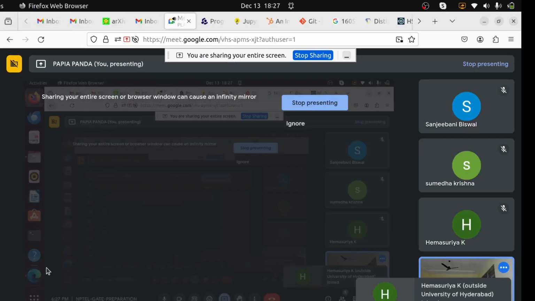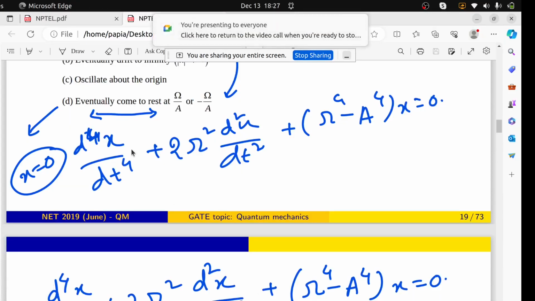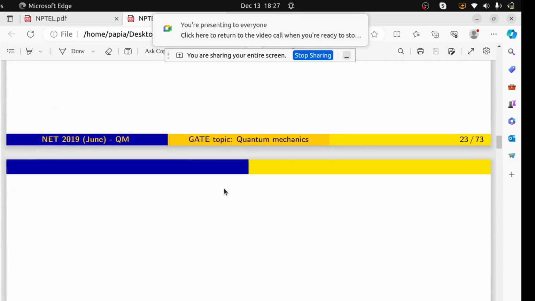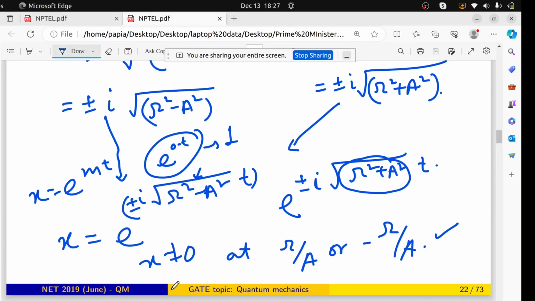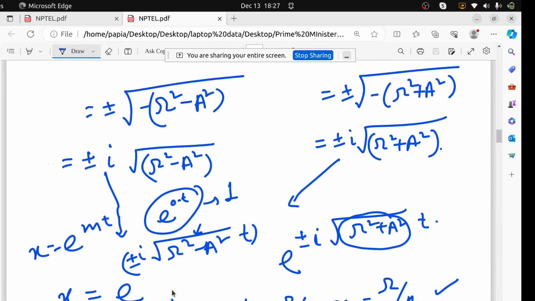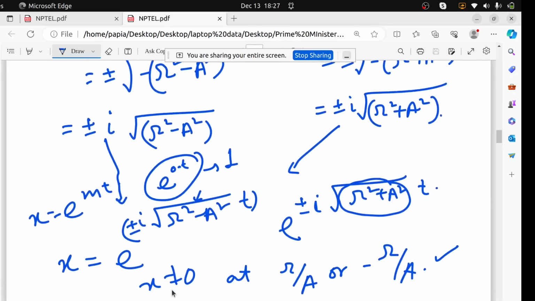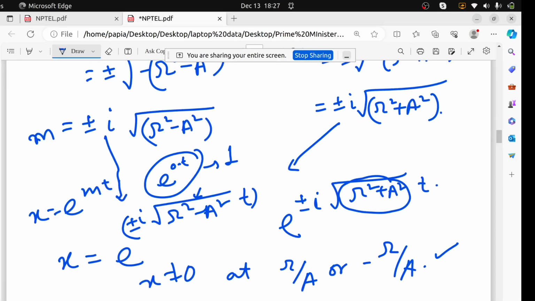So we were with this expression. Yes, you can see the expression here. If our m has this value, then x will be this, and if our m is this, then our x will be this.